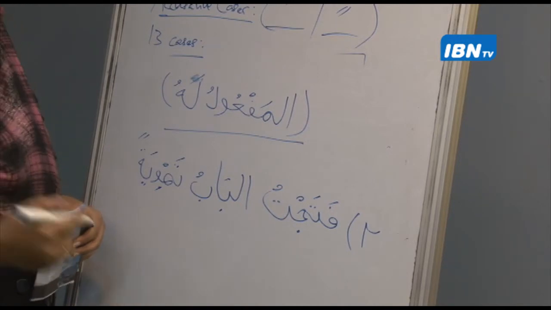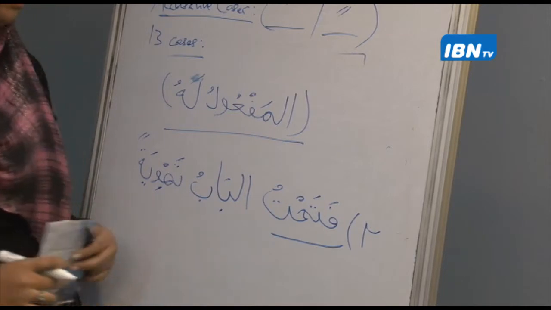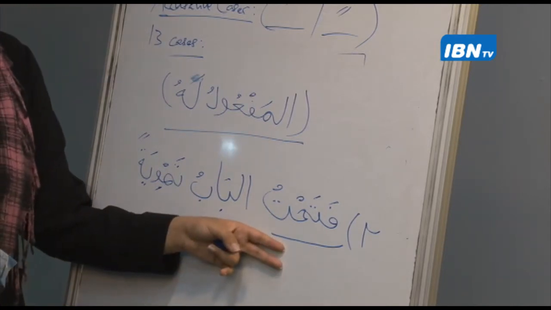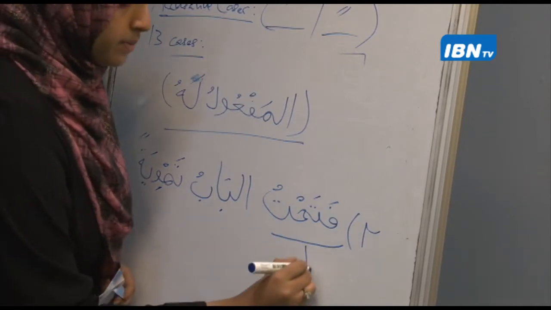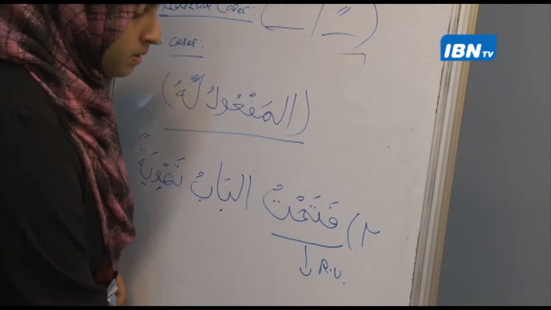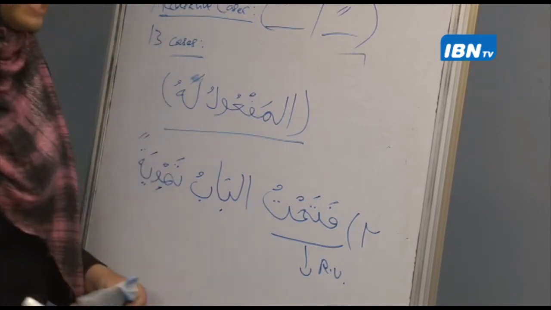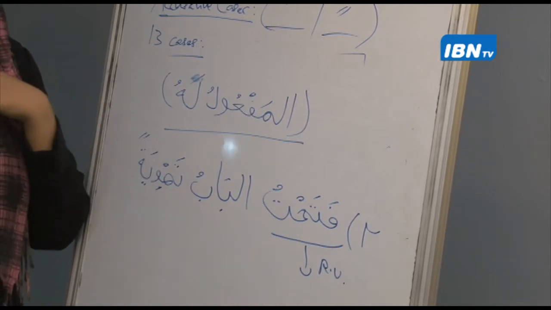So what is my verb? Sorry, it's fatahtu, meaning I opened. Fatahtu comes from the root verb, just a recall, fataha. Fataha, he opened. Fatahtu, I opened.